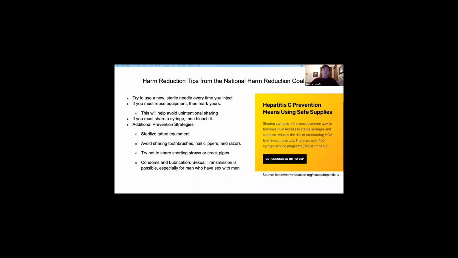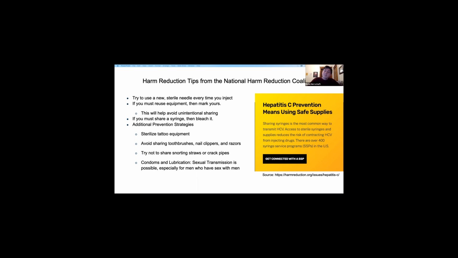Besides those related to injection drug use, it's also important to try to use new and sterile tattoo equipment, because it can spread through tattoos if that's not a sterile environment, as well as some household interactions. This is much, much rarer, but it includes sharing toothbrushes, nail clippers, and razors, basically anything that can get blood on it that could be transmitted to somebody else, as well as snorting straws and crack pipes, which might get some blood on them.